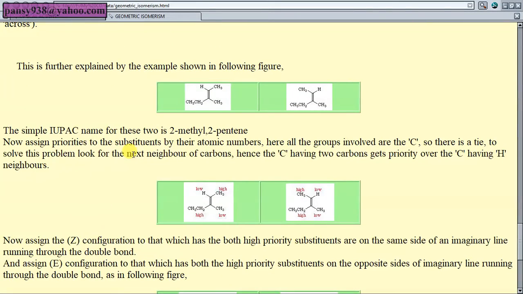You see that this is a molecule with two carbons joined at a double bond. The upper carbon has a methyl group and a hydrogen, and the lower carbon has a methyl and an ethyl substituent. The simple name for this compound is 2-pentene: 1, 2, 3, 4, 5 means that it is a pentene, and the double bond is at position number 2, so it is 2-pentene.